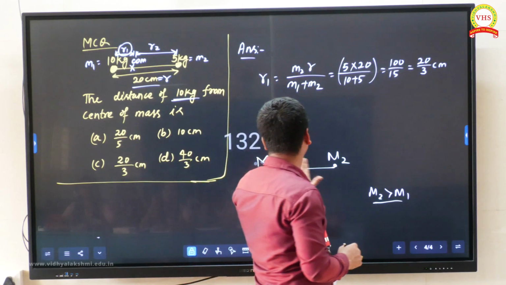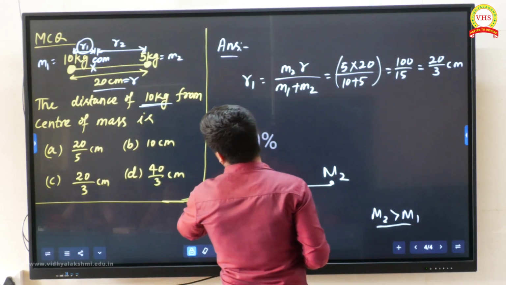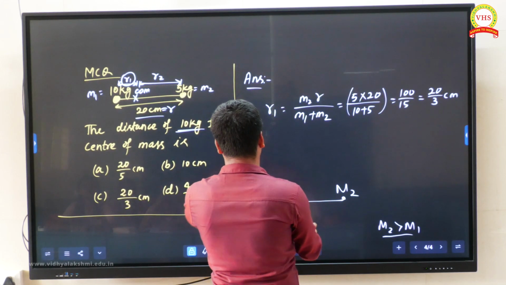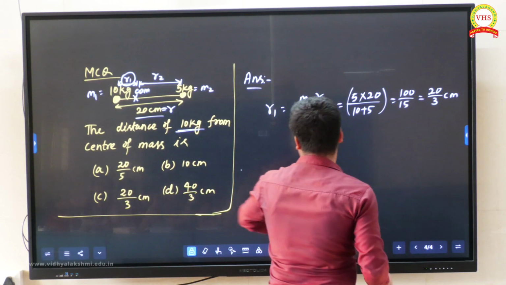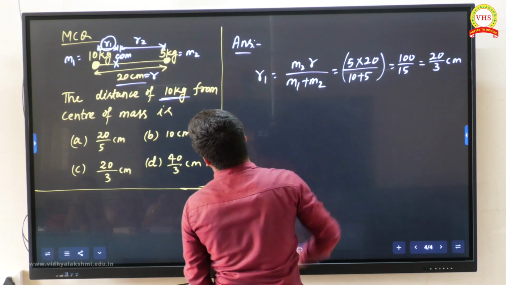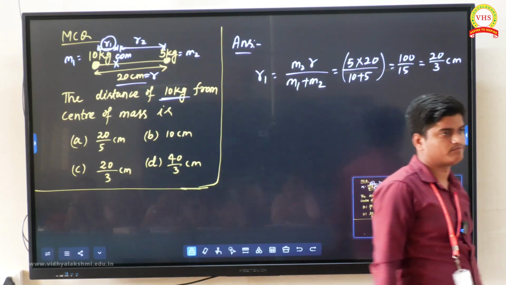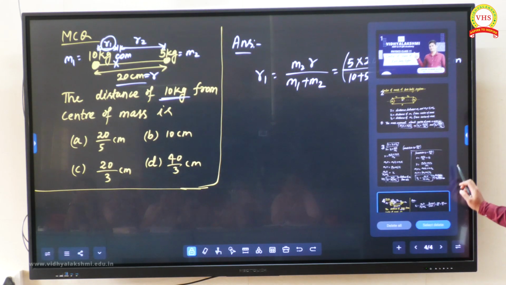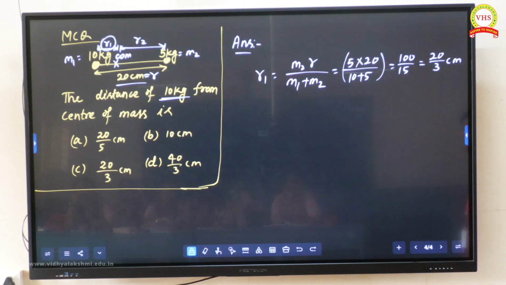Okay, so you try to calculate the center of mass from the 5 kg block. From the 5 kg block, the calculation. It will be 40 by 3 that will come. No, that is the R2 value actually. Clear? Concept is clear.